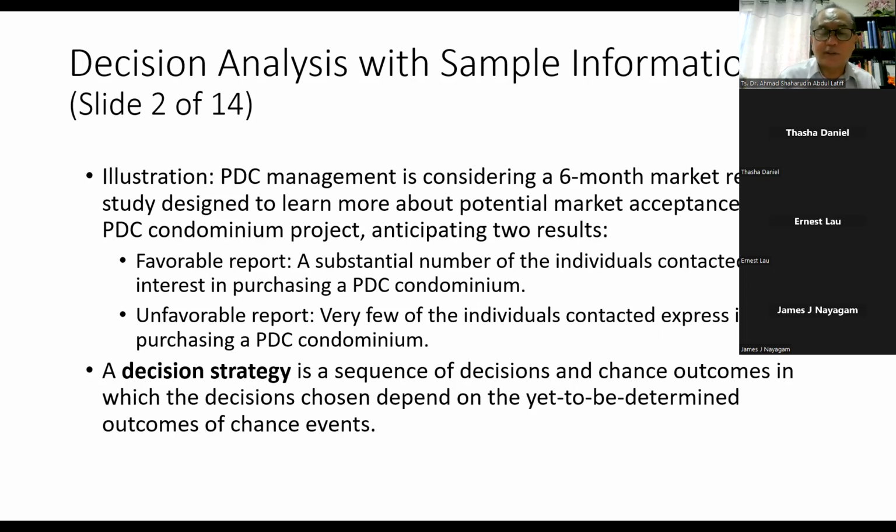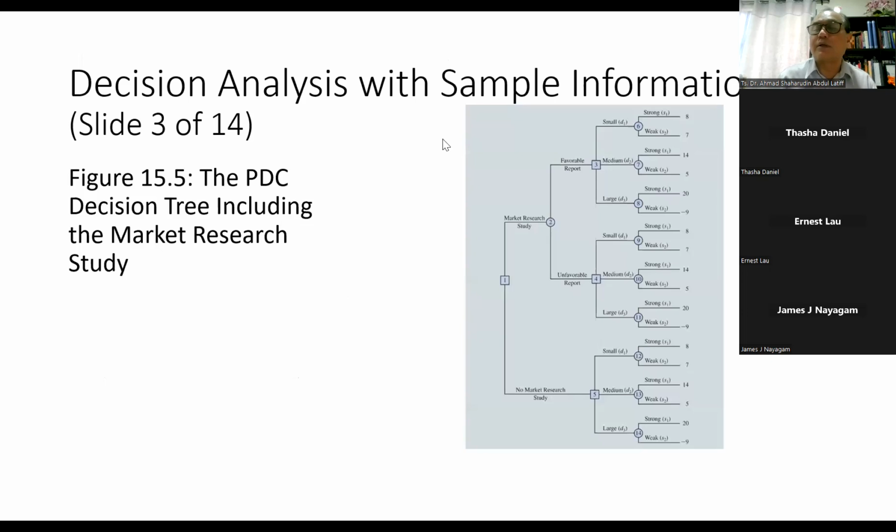You need to have a decision strategy in a sequence of decisions, and then you look into the outcome, based on chance events to be determined. So this is the decision tree.